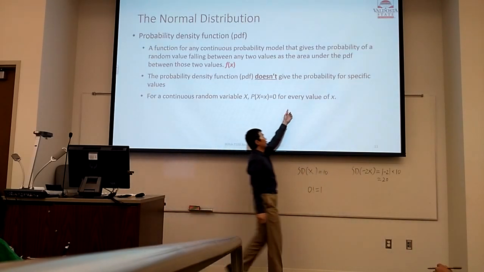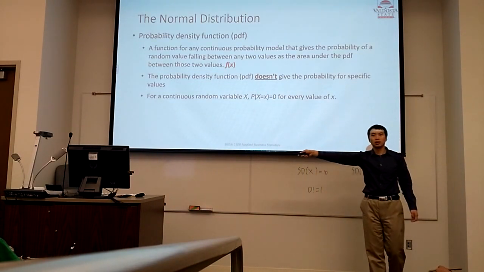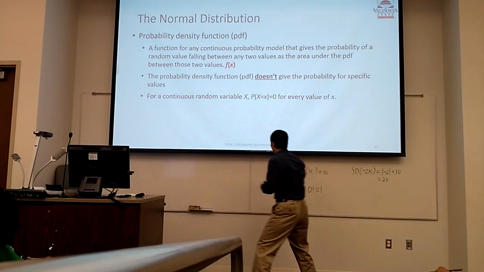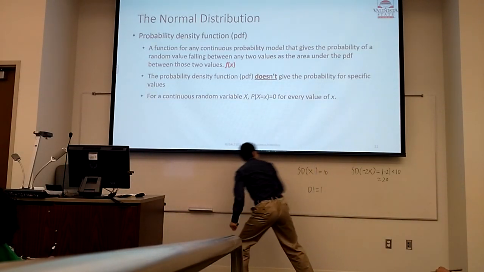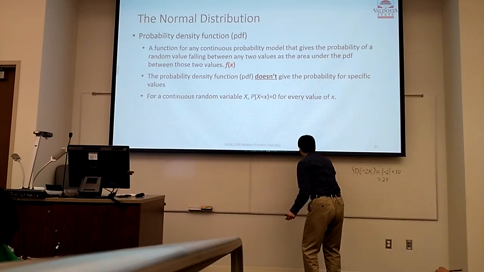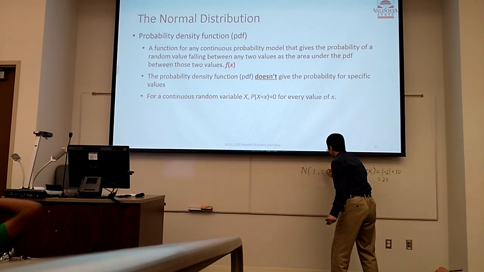So why is this true? For example, we have a random variable with a normal distribution. Okay? Mu is equal to 1, and standard deviation is equal to 0.5.